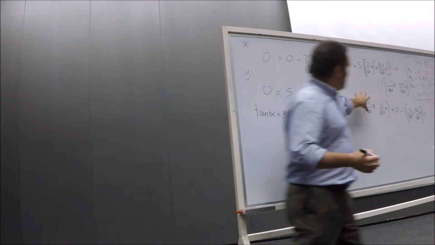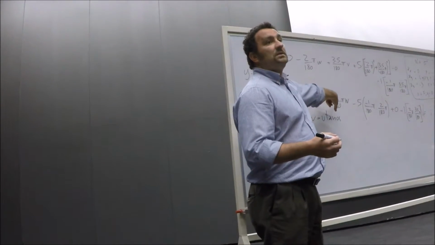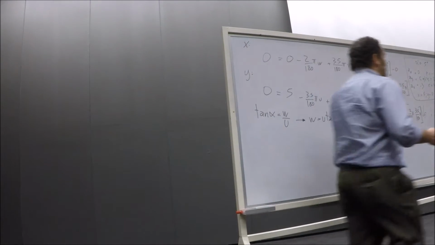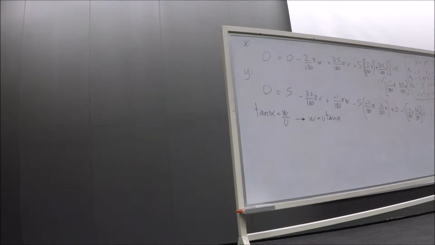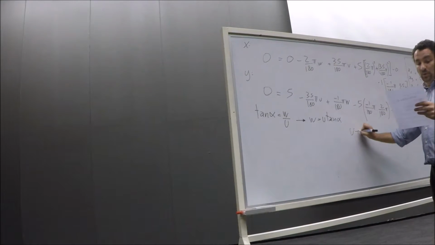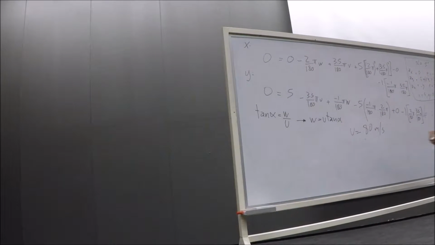Okay, this is a number, this is a number, and these are two numbers with U. So I find that U is equal to 80 meters per second. Okay.